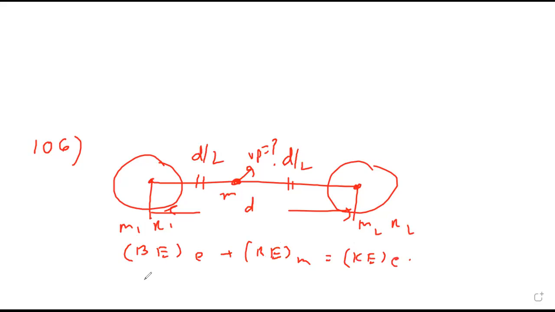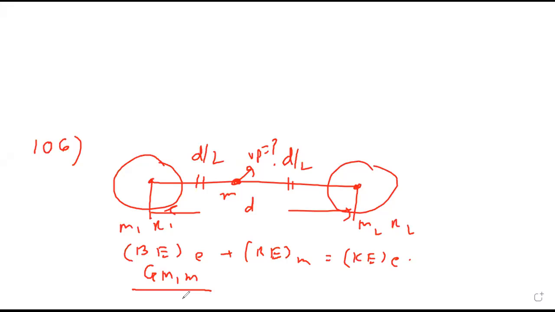This is the meaning. Binding energy of Earth is G m1 m upon 2r, that's the formula. So it will be G m1 m upon 2. Distance from center is d by 2. What is the formula for binding energy?